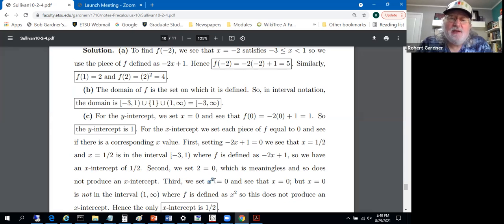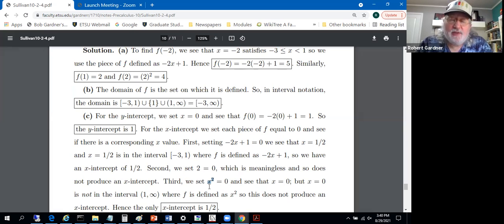This piece was only valid when we had x values between 1 and infinity, and 0's not between 1 and infinity. So if you plug 0 into the function, you're not going to see this. 0 doesn't go into x squared. 0 goes in something else.